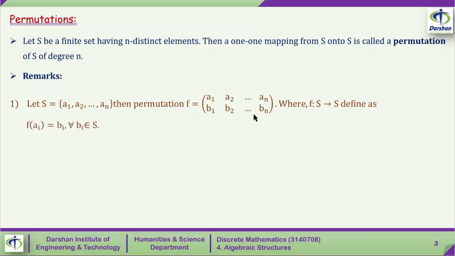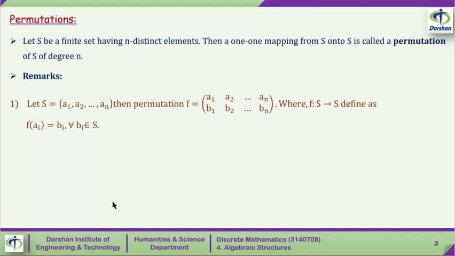Here f is a function from S to S and it is defined as f(ai) = bi for all ai from S. Here a1 goes to b1 means f(a1) = b1. Here a2 goes to b2 means the value of f at a2 is b2. Similarly, we can write f(an) = bn. Therefore, f(ai) = bi for all ai from S.